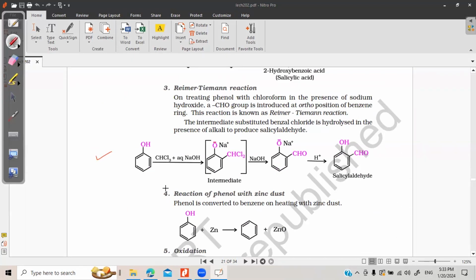Many times it has been asked in the exam. So phenol with CHCl3 chloroform and aqueous NaOH, reacting with NaOH, and then acid hydrolysis produces salicylaldehyde. Salicylaldehyde is one of the important raw materials for making many medicines. So it's an important reaction, Reimer-Tiemann reaction. Remember it.